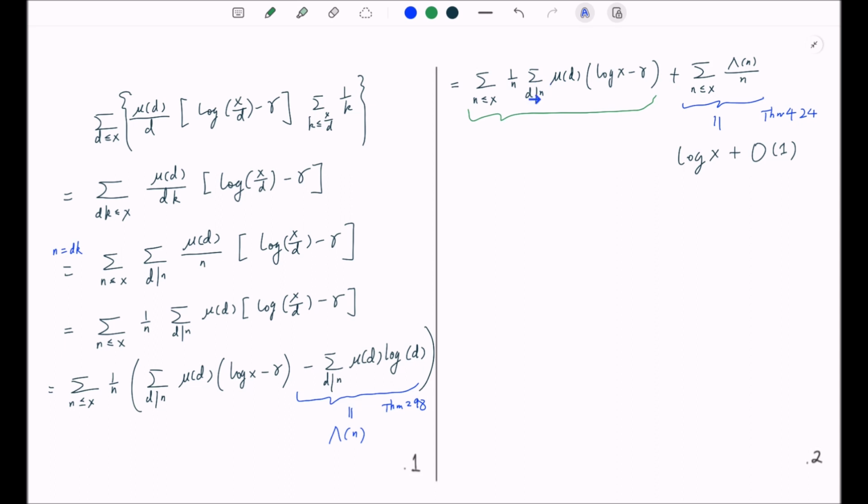If you look at this sum, this inner sum, you will see this is a perfect setting under theorem 263. By 263, this divisor sum is equal to 1 if n is equal to 1 and equal to 0 if n is bigger than 1. So the sum will simply become log of x minus gamma, because only the term when n is equal to 1 will survive.